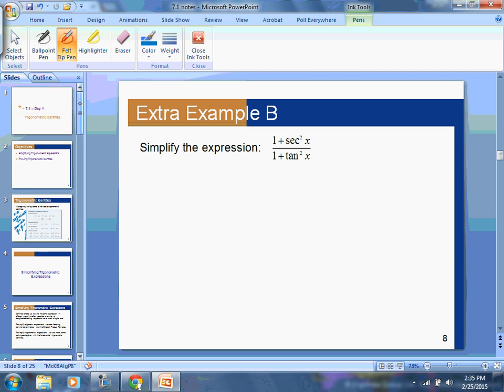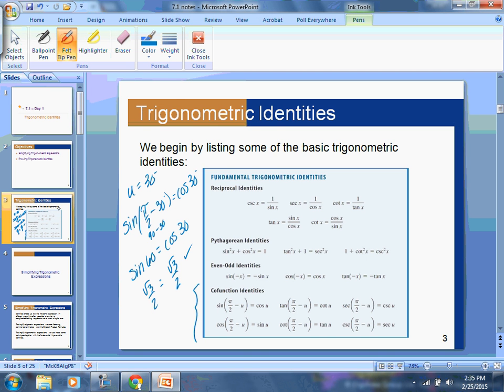So if we look back at this table, let's look at our Pythagorean identities here. Let's see, I had 1 plus secant. Well, and then I also had a 1 plus a tangent. Ooh, right here, this one. Tangent squared x plus 1 is secant squared x.